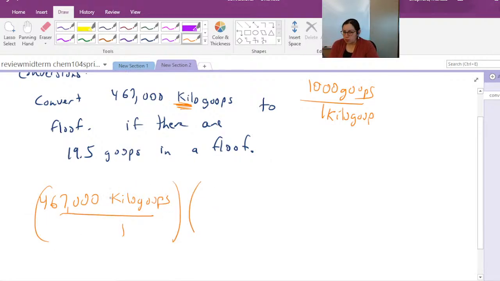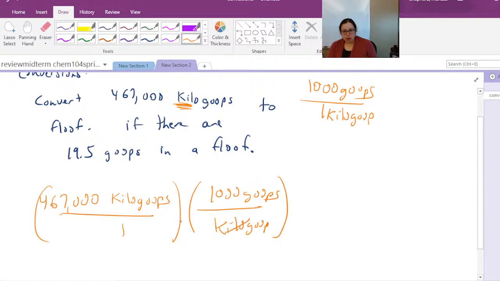Because again, kilo is just our prefix of our metric unit. So just set up our dimensional analysis.